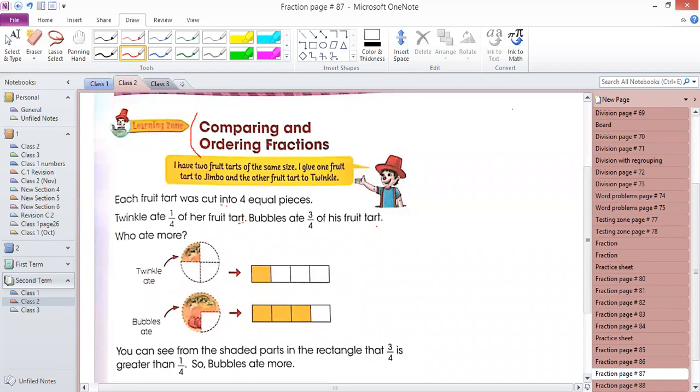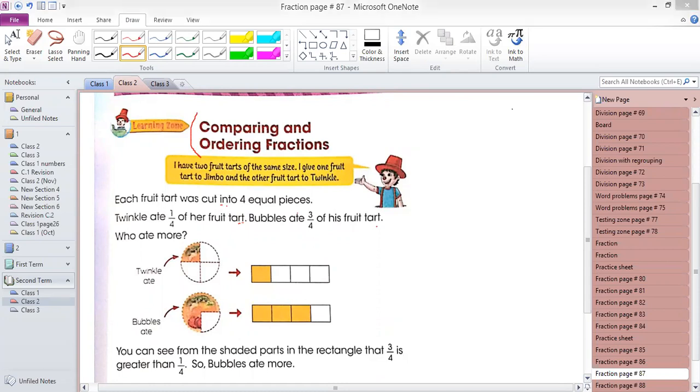Start to Jumbo. Start to Jumbo. Hmm. And the Other fruit are other food park to twinkle. twinkle.